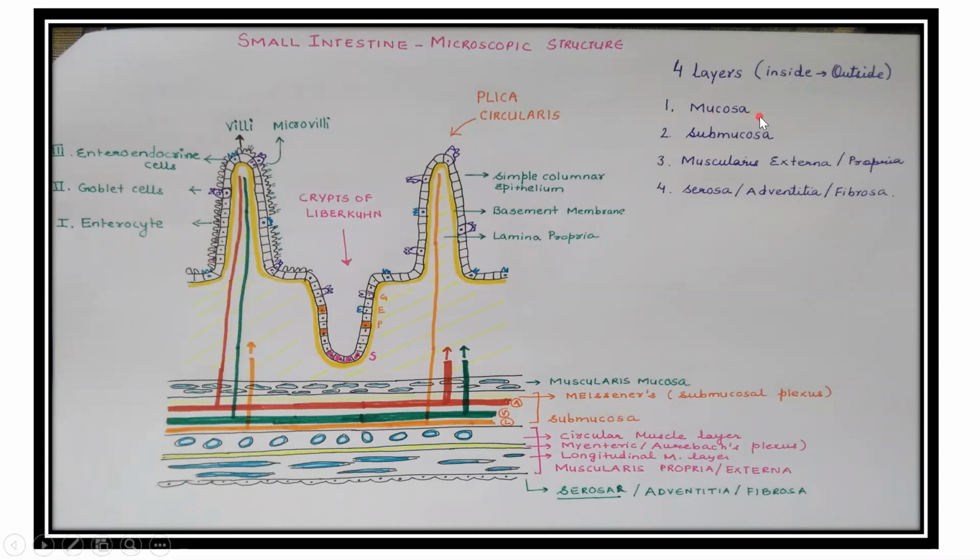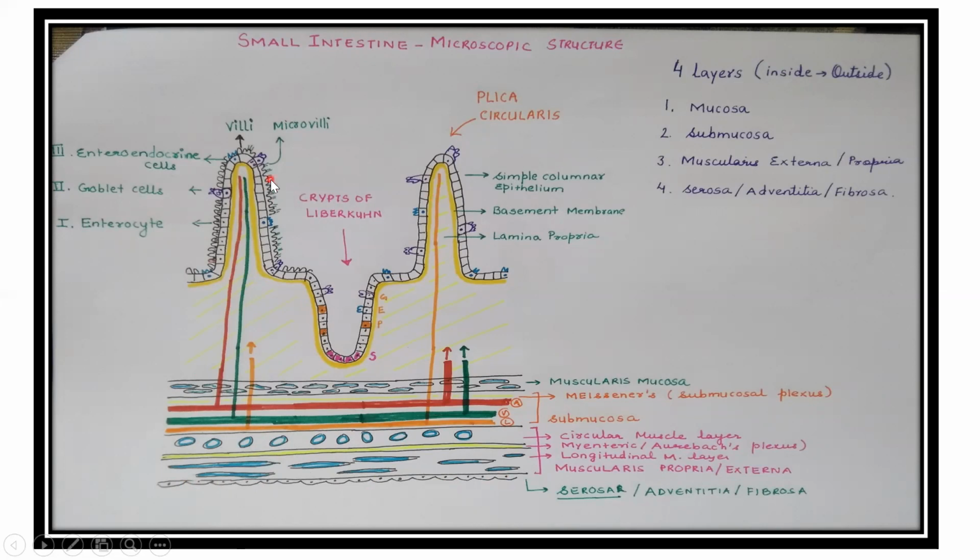So mucosa first of all, followed by the submucosa, which lies very close to the mucosa. And then we have the muscle layer, which is the muscularis externa or the muscularis propria. And this layer is the proper muscle layer, which we'll understand why it is called so in a while. And then the last layer, a single cell layer, that is the serosa.